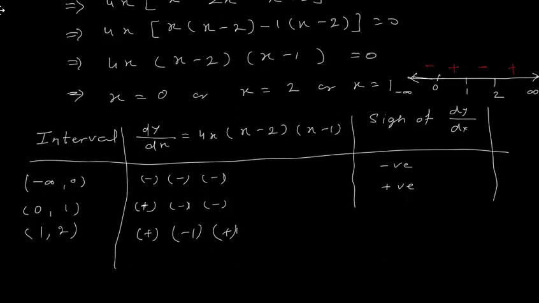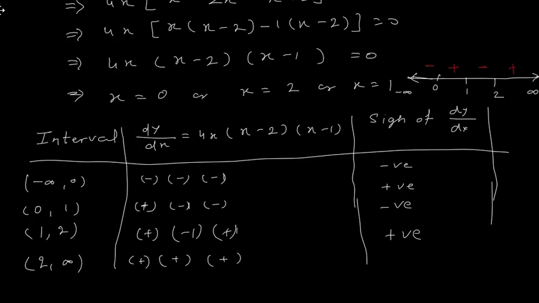Here we are getting minus plus minus. If you get two plus or two minus simultaneously, then cross check whether there is any mistake. Now from 2 to infinity, the first bracket will be positive, the second bracket positive, and the third bracket also positive. So I have a positive value.